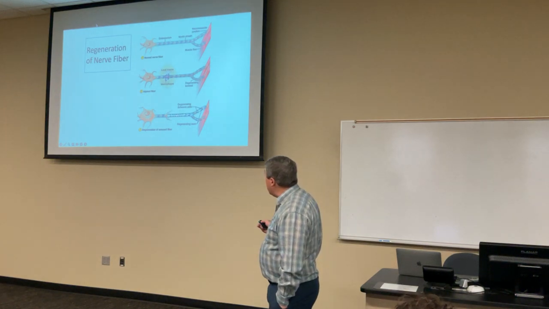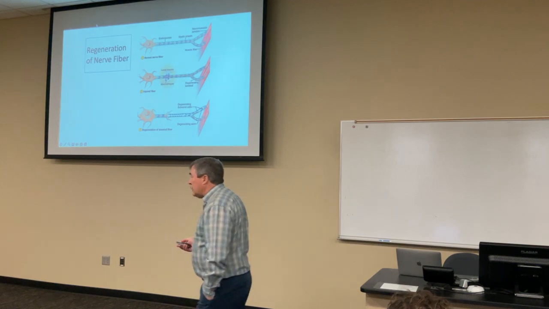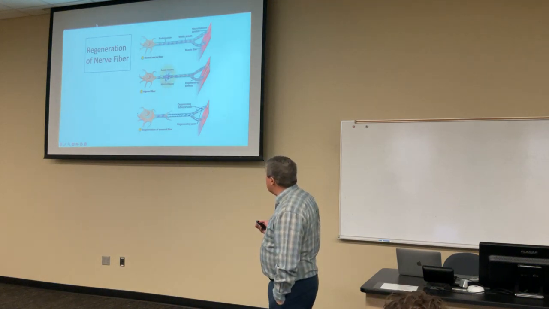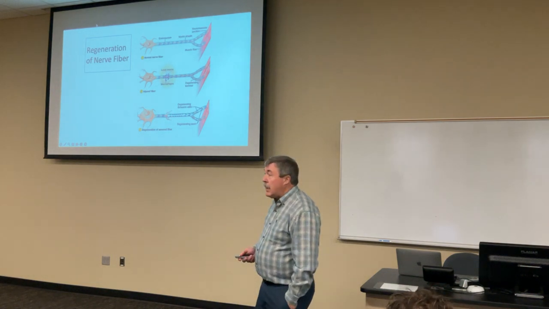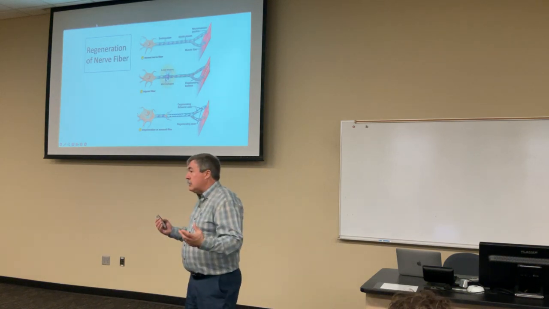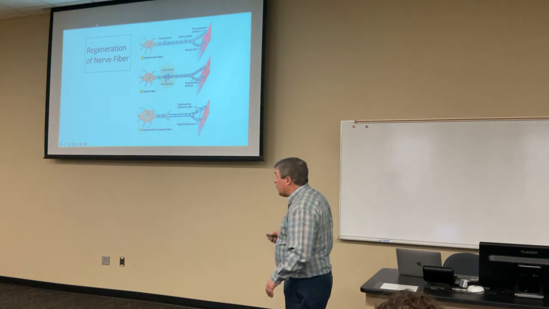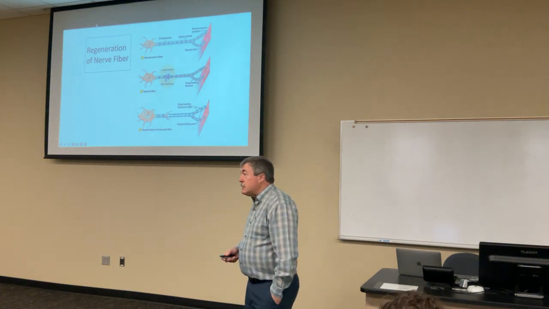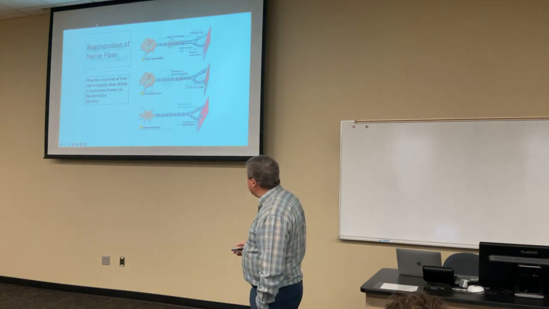So degeneration of the severed axon is the first process in repair. Then the end of the axon that's still attached to the soma begins growing many branches. It doesn't grow just one branch that goes back to replace the missing part of the axon, but it grows a number of branches.